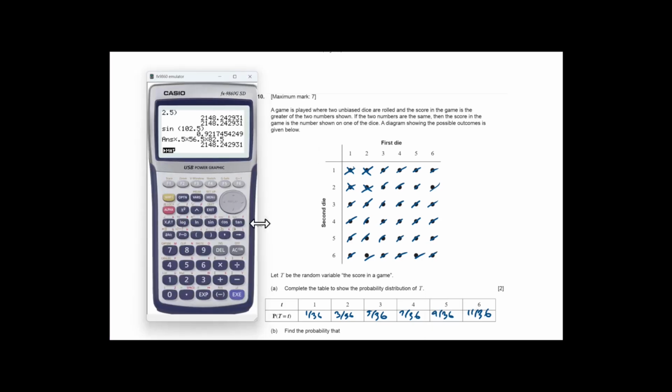Let's add them up. So they should all add up to 36. So 1 plus 3 plus 5 plus 7 plus 9 plus 11, 36. Okay.